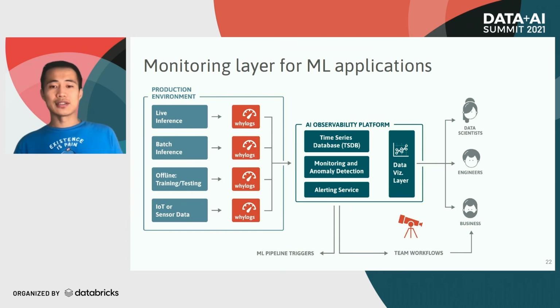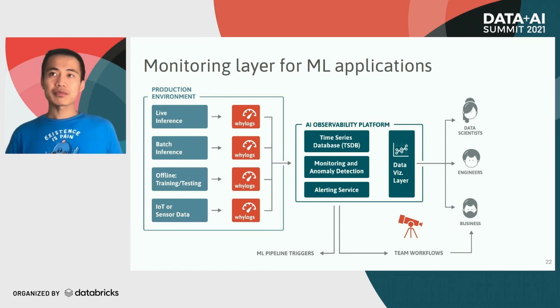Or you can hook it into, say, a Slack webhook so that your data engineer will get an alert about some abnormal data behavior in production, and they can diagnose further.